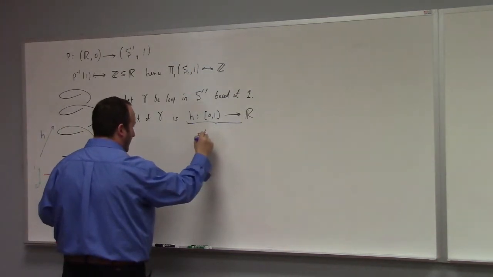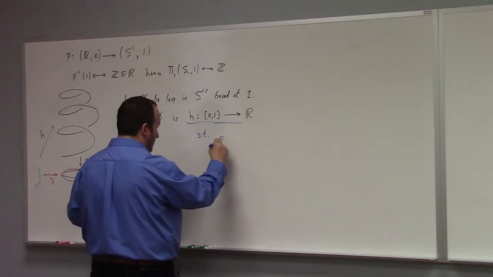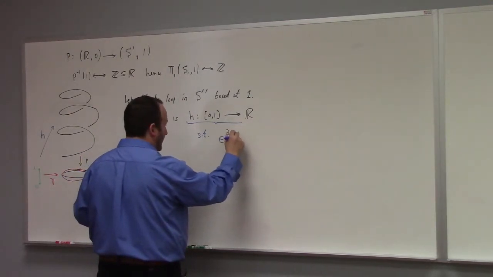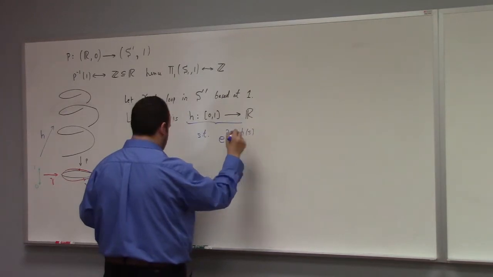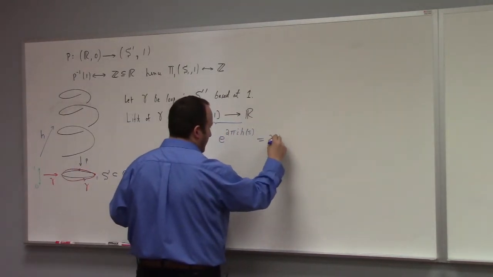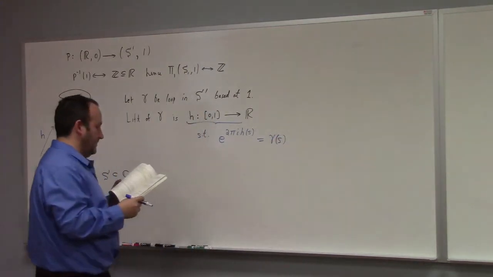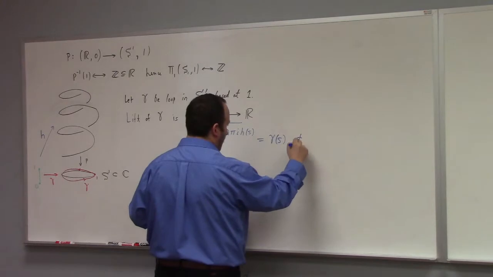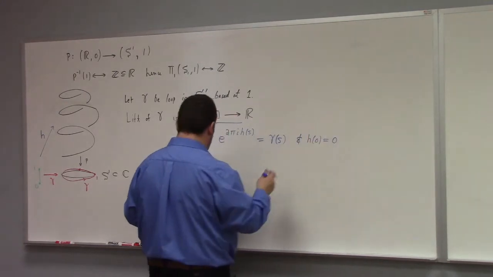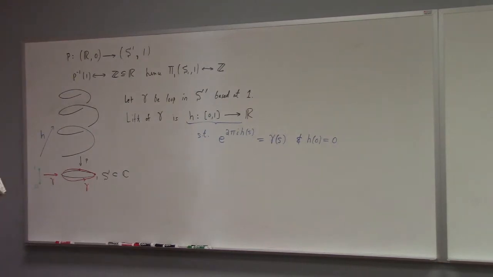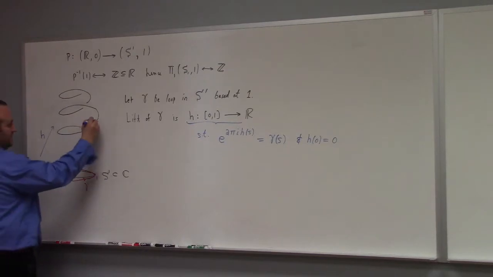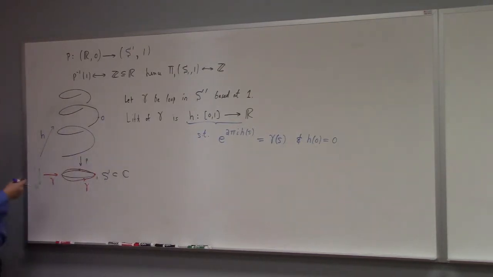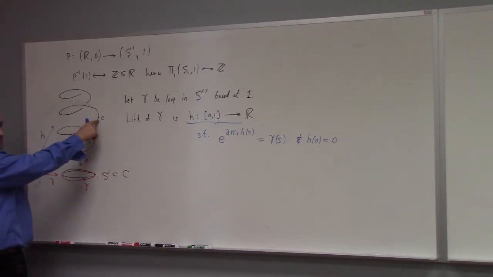Such that e to the 2 pi i H of s equals gamma of s, and H of 0 is equal to 0. So up here somewhere on this helix is 0, right? Somewhere up there is 0. And H of 0 is, so like 0 maps to 0.